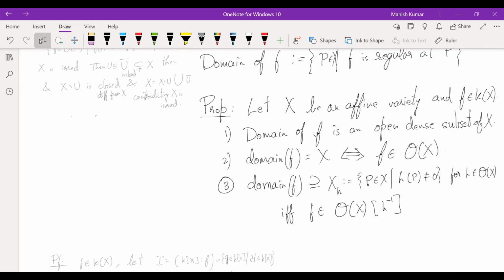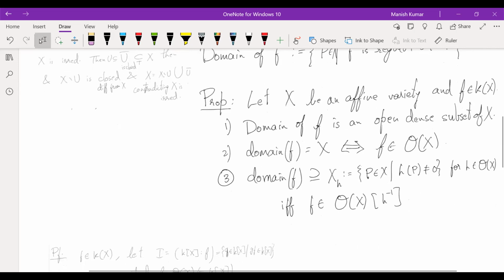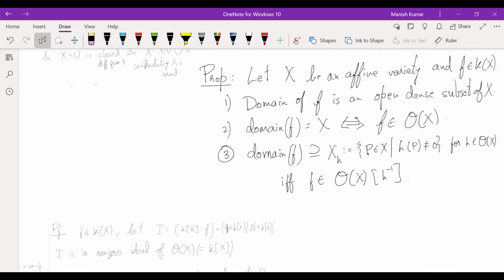The domain of f is the whole of X if and only if f is a regular function. If f is regular, the domain of f is X trivially, and the converse also holds, as a consequence of the Hilbert Nullstellensatz. And then the domain of f contains these basic open sets, X sub h, which by definition are those points of X where h(p) is non-zero, defined for h a regular function.